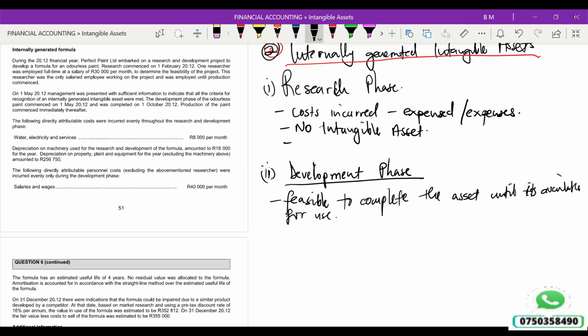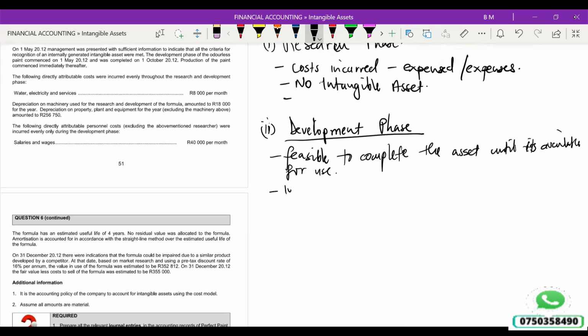So in other words, we have already determined that we are able to complete the asset. We are able to develop the asset from today up until it's available for use.